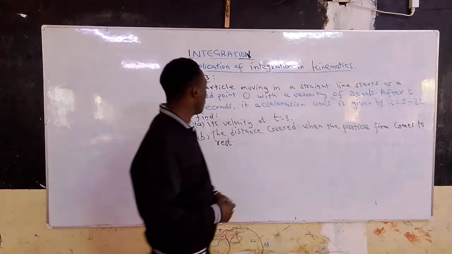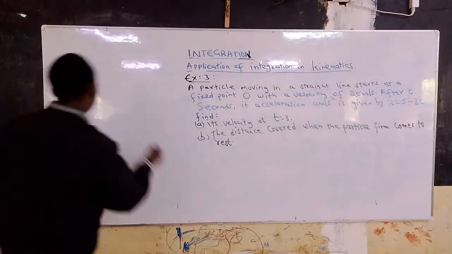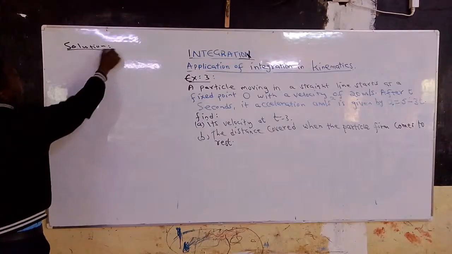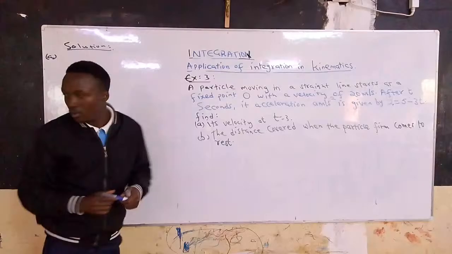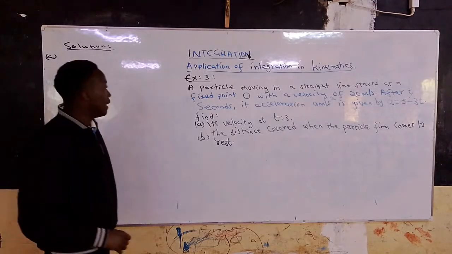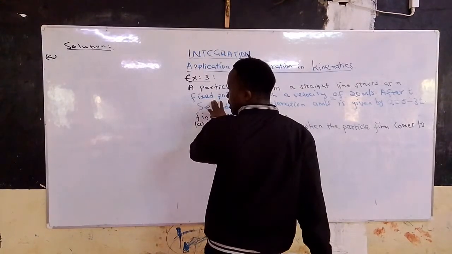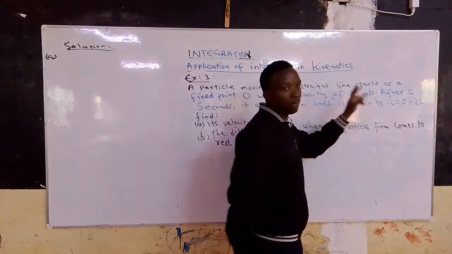So in this question, we are going to do our solution in this part. So let's do our solution here. And we will start with A. We are told a particle moving in a straight line starts at fixed point O with a velocity of 20 meters per second.